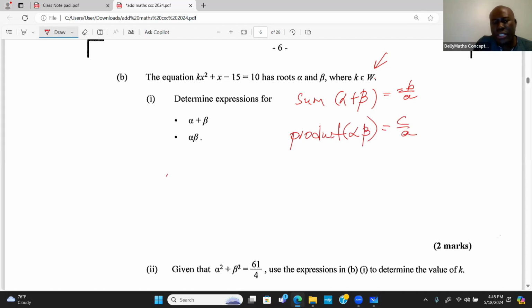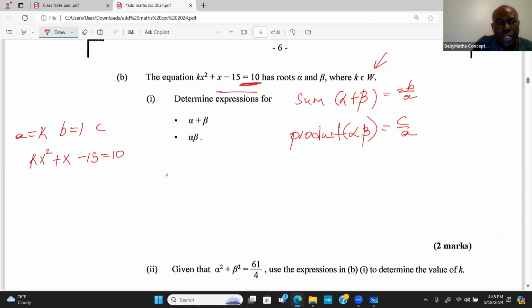So what we're going to do is take that and represent it, because you notice this says write expressions for it. So let us say we're taking kx squared plus x minus 15 equal to 0. From this, a is equal to k, b is 1, and c we have to work out, because all of this is equal to 10.